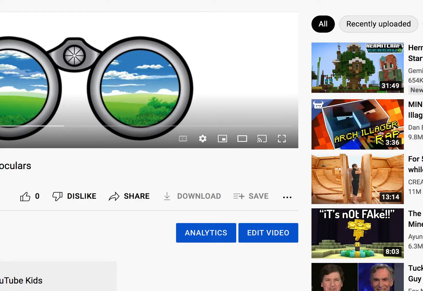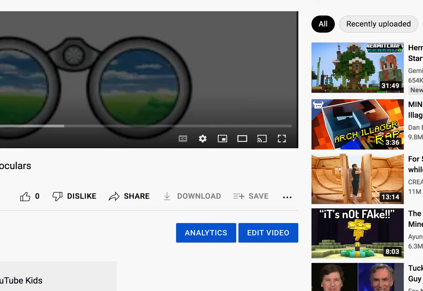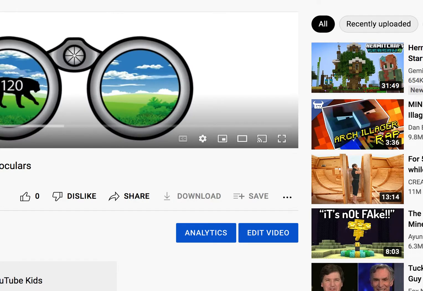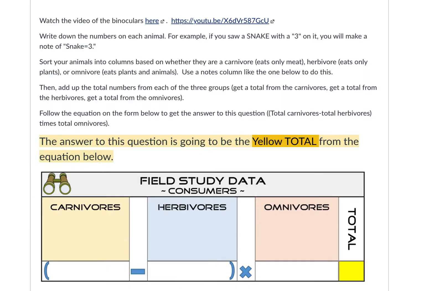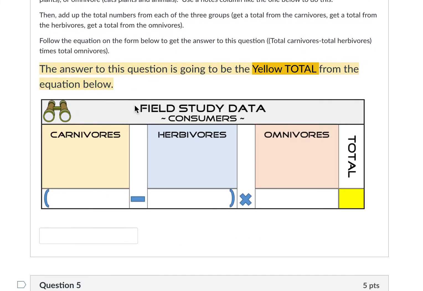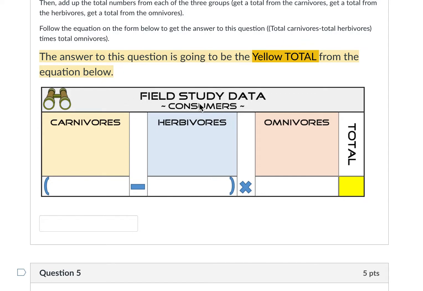Then you're going to see the next one is a monkey 10. Say a lion, and I'm going to go back to that number, which was 120. You're going to write those all down with the name of the animal and the number. And then you're going to go back to this field study data.